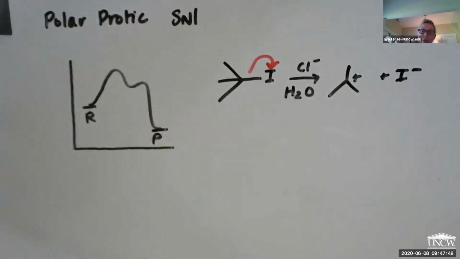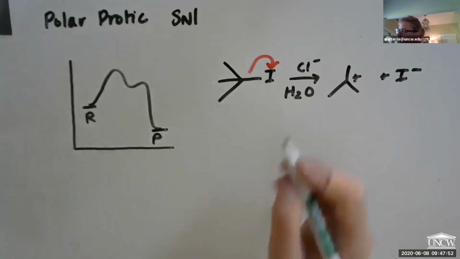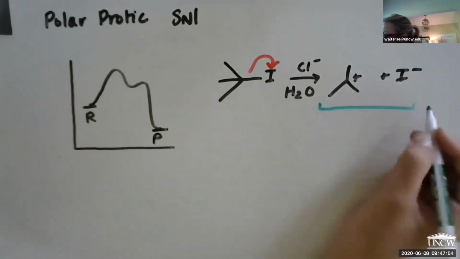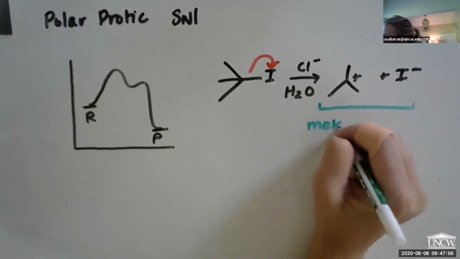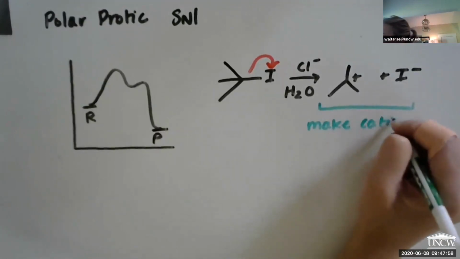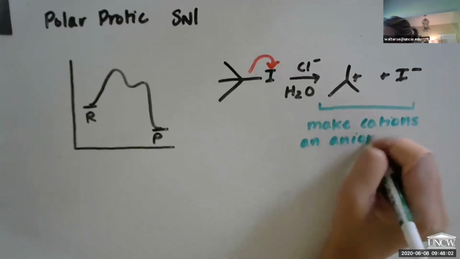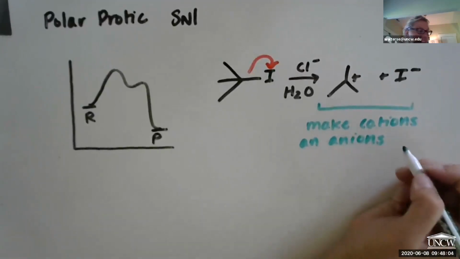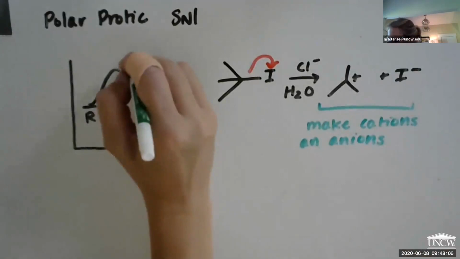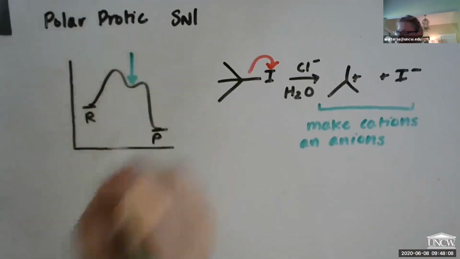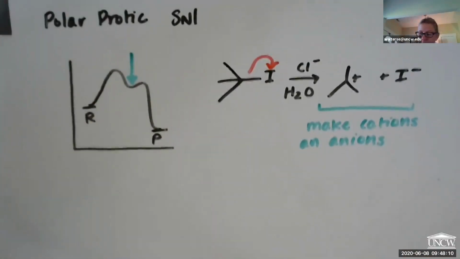In your SN1 reaction, you make cations and anions in the step that forms this species.